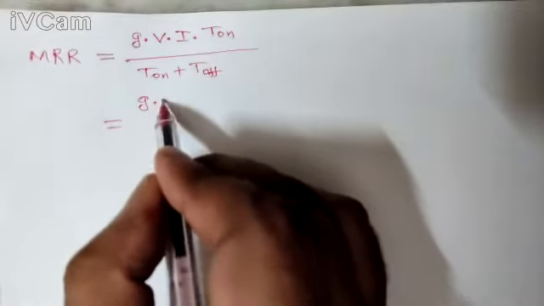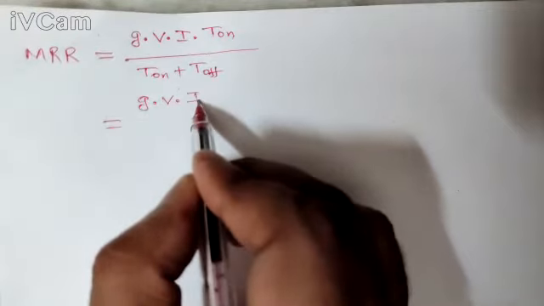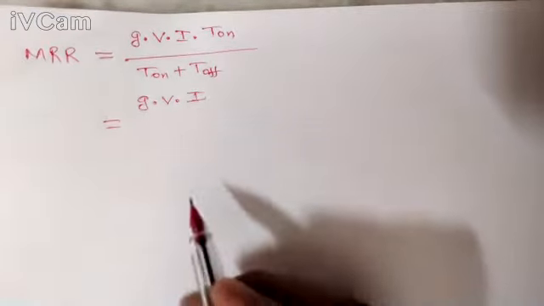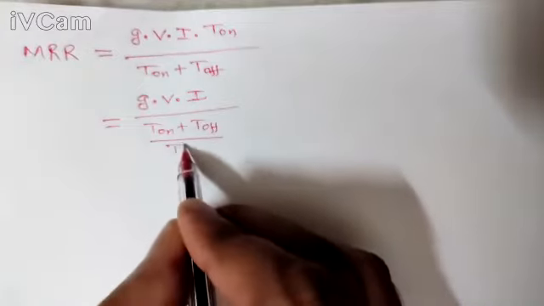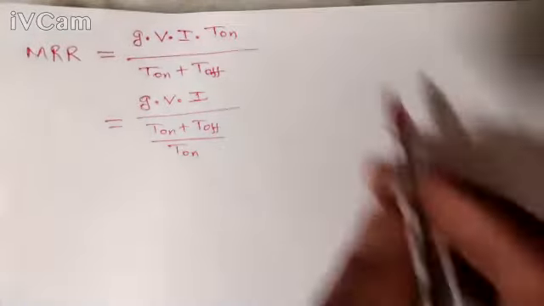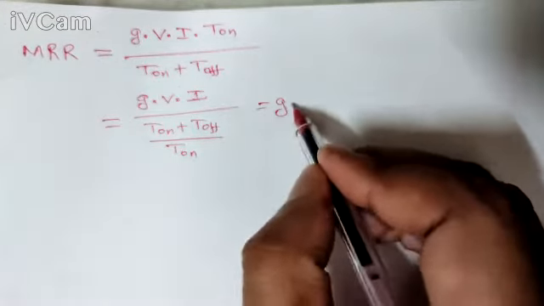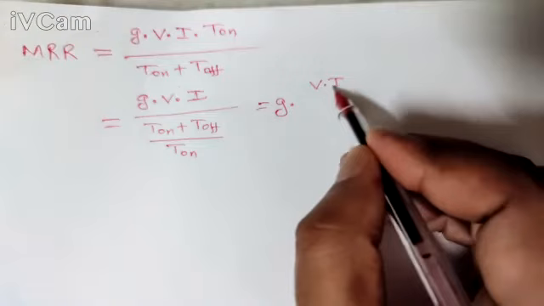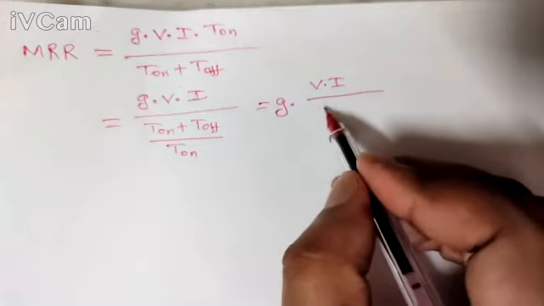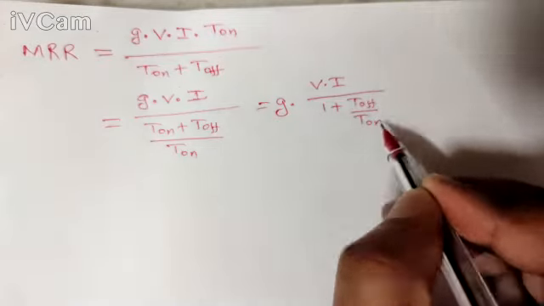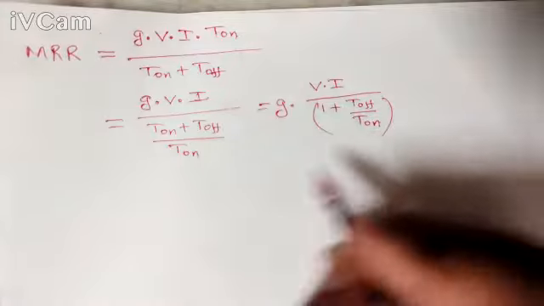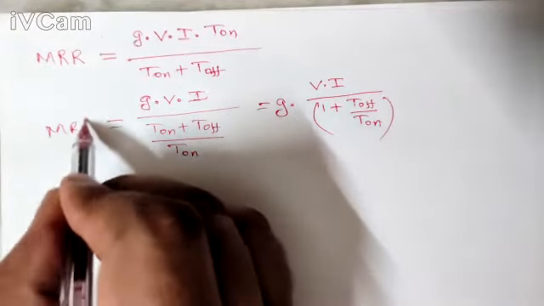So we will find it will be equal to G into V into I divided by T on plus T off divided by T on, which can be further written as G into V into I divided by 1 plus T off by T on.